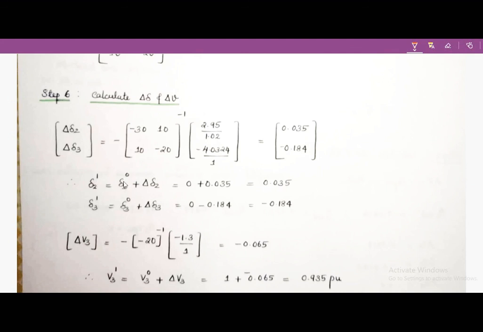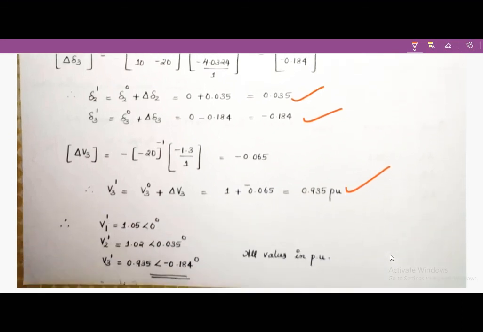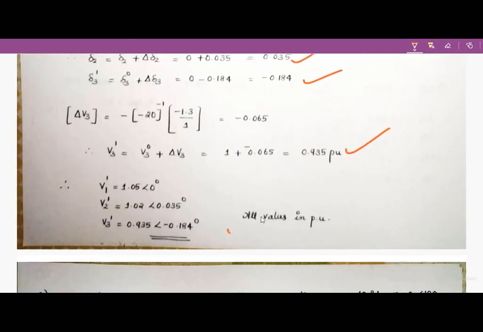It is equal to initial value plus that particular change. Okay. Similarly, delta 3 is equal to initial delta 3 plus that change. In the similar fashion, you can calculate the magnitude of the voltage is equal to this particular matrix inverse into this. The same fashion you can solve. So see, all the values can be calculated like this.